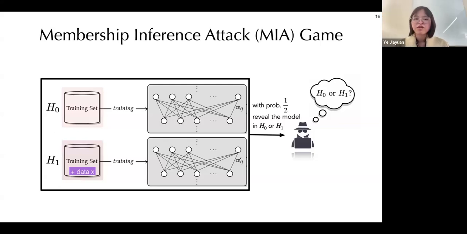Yeah, that's a very good question, and we will talk about it later. But the short answer is yes. Depending on which metric you use for measuring the attacker's success, the translation could be different. In some metrics, the bound that differential privacy gives on the success is tighter than in others.